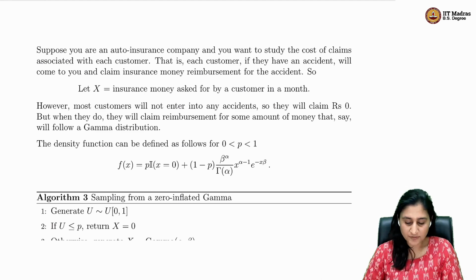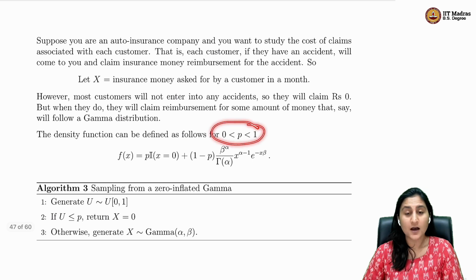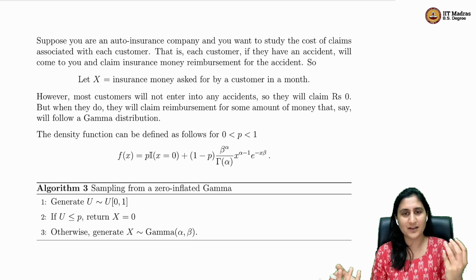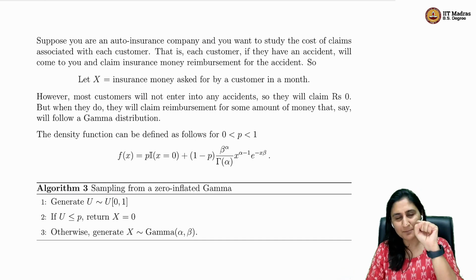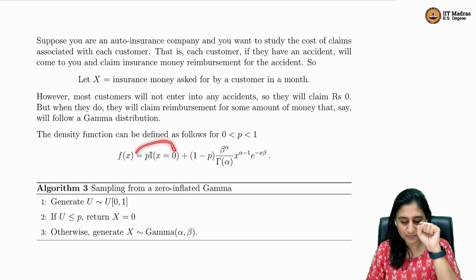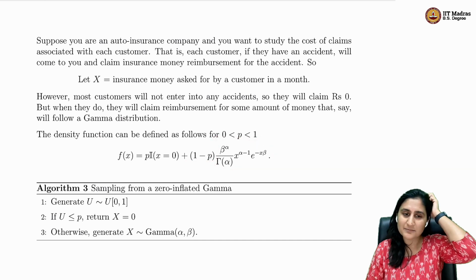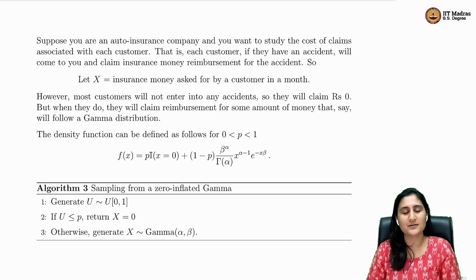So the density function for this can be thought of as a mixture between the gamma distribution and the zero random variable, the random variable that takes mass at zero. So we take P portion of the mass and give it to zero, plus 1 minus P times the density of the gamma random variable.